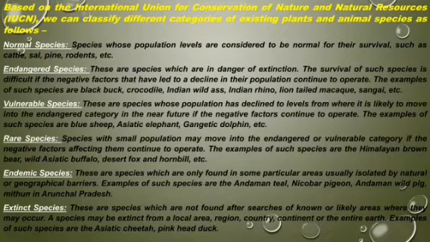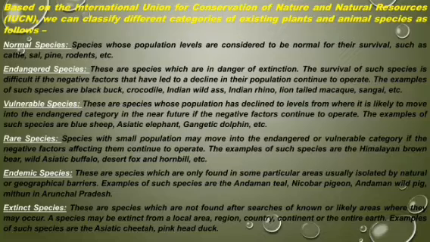Now, endemic species. These are species which are found in a particular area, usually isolated by natural or geographical barriers. There are some natural barriers through which these animals have been separated. That is, Andaman Nicobar Island is one of the lands which is related to the Indian landmass, but there is one sea which has separated this landmass.